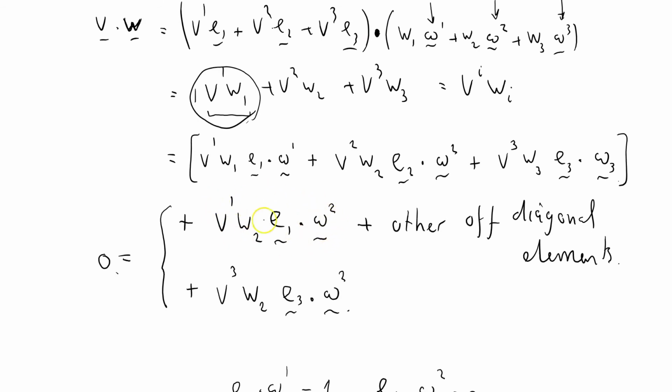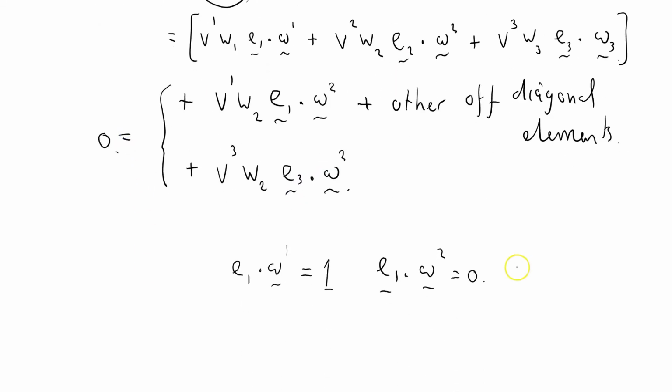I want that to be 0 because I don't want any cross terms. The only terms I want are a 1 with a 1, a 2 with a 2, and a 3 with a 3. A 1 with a 2 I don't want to happen. And of course that's going to be the case for any pair: e1 dot omega 3 equals 0.